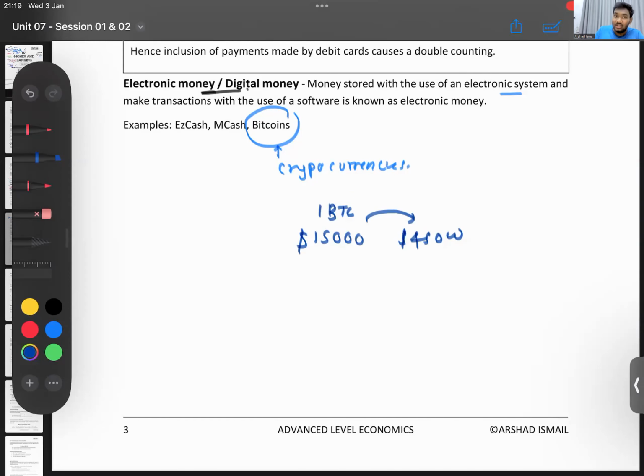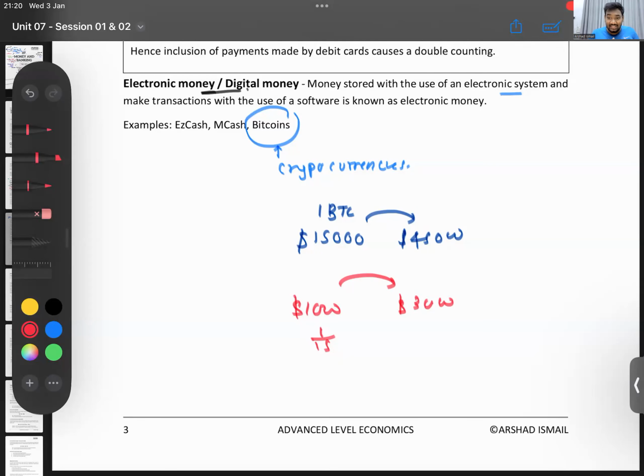So let's say you invested $1,000. That would have got you 1/15 of a Bitcoin. In 6 months, 15,000 became 45,000, which means your 1,000 would have become 3,000. You would have got a 200% profit in just 6 months.